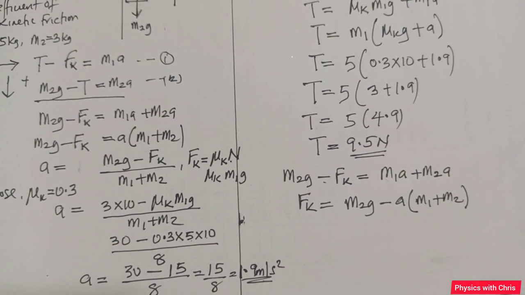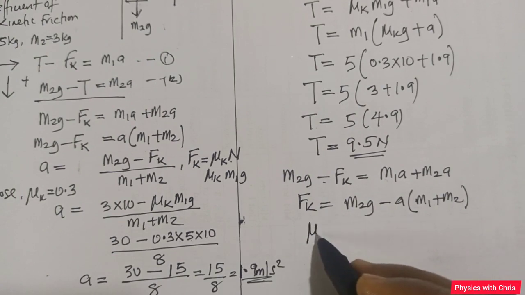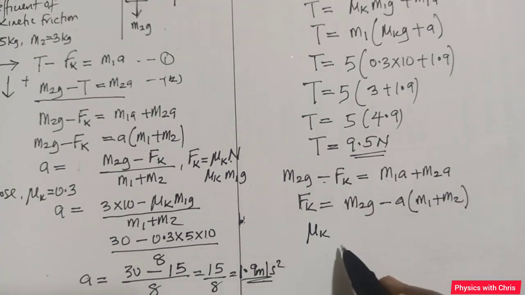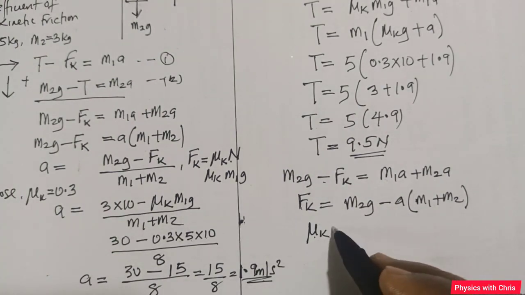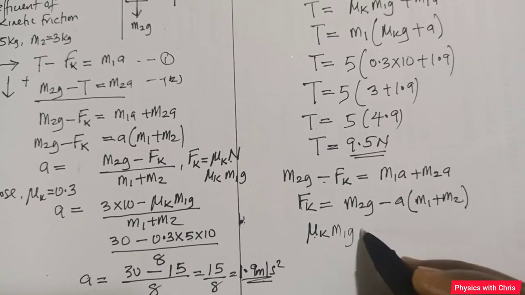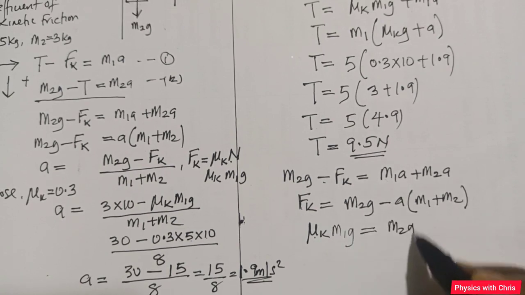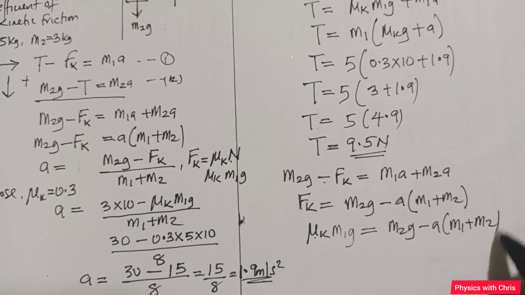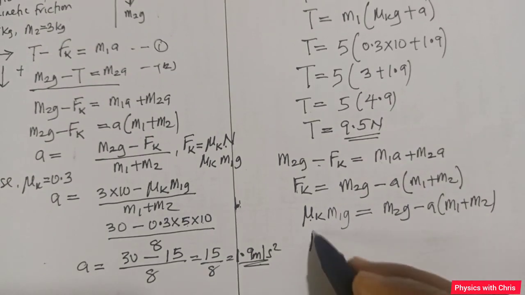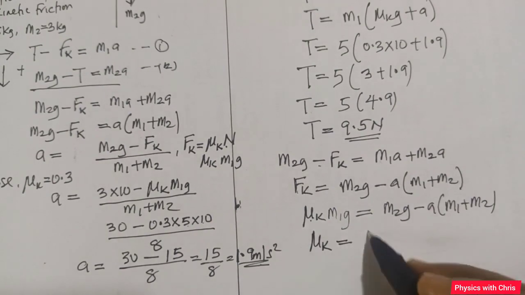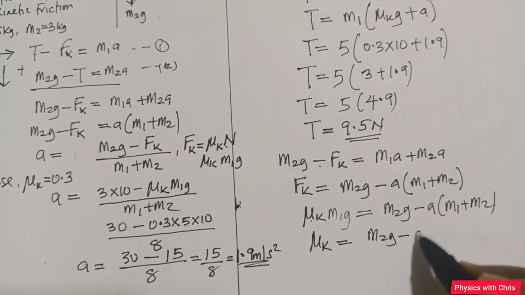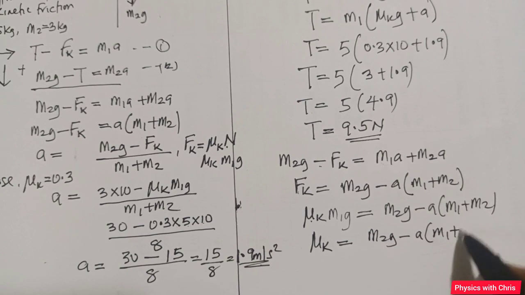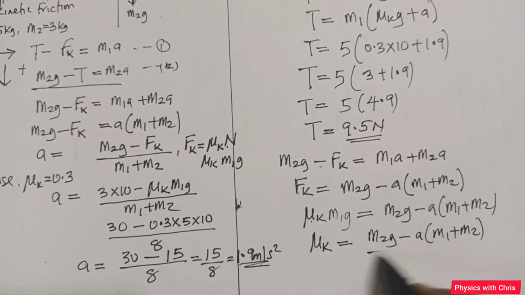Which means I was given the acceleration to use this equation. The frictional force is the coefficient of kinetic friction, mu k, multiplied by M1G, which gives me M2G minus A into M1 plus M2. So my mu k is M2G minus A into M1 plus M2, divided by M1G.